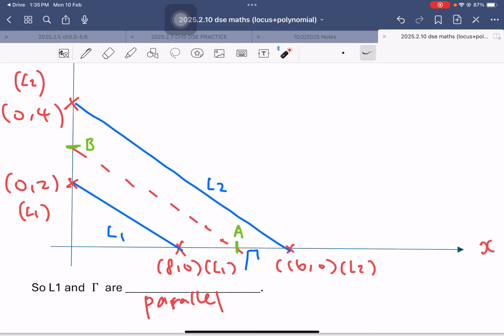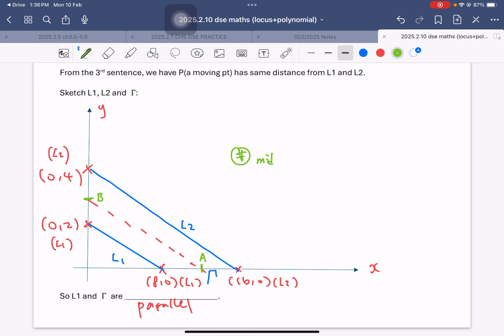So do you know how to find out the coordinates of B and the coordinates of A? How do you find it out? It's the midpoint. So again, Ria, what is the midpoint formula? What's the meaning of the middle? For example, I have $2, you have $10.